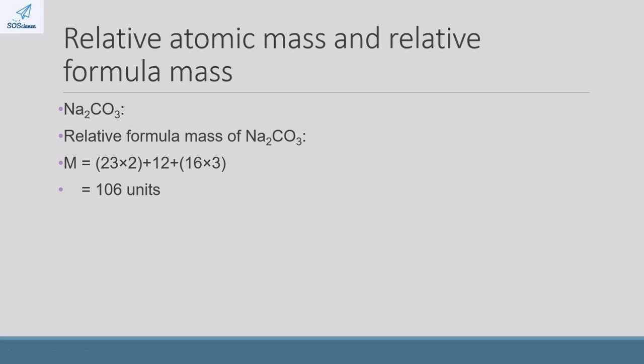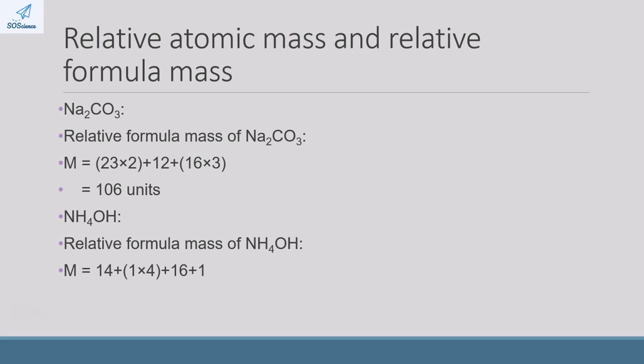And that gives us an answer of 106 units. NH4OH, we're working out the relative formula mass. So it is 14 plus 4 hydrogens, so 1 times 4, plus 16 for the oxygen, plus another 1 hydrogen, and that gives us an answer of 35 units.